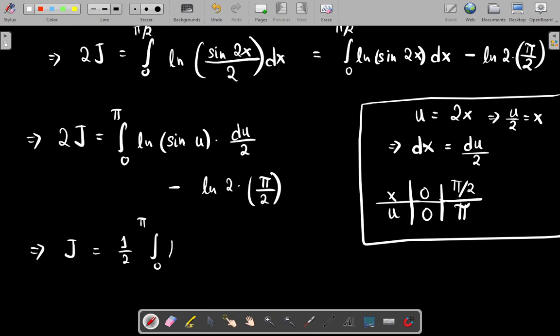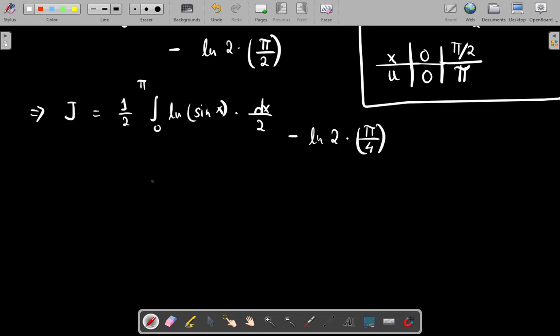Okay, so this will become ln sin x times dx by 2 minus, this will become ln 2 times, if this 2 is divided here, ln 2 times pi upon 4.